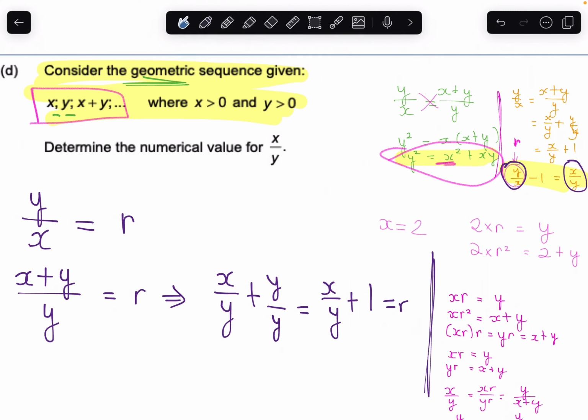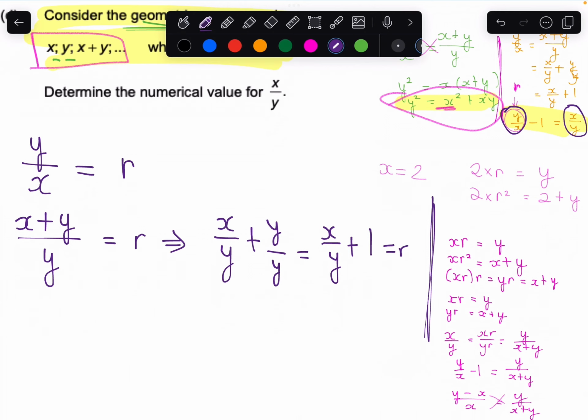But we also know that x over y is the same as 1 divided by y over x, right? So that means that it is the same as 1 divided by r, using this little fact over here. Or in other words, 1 over r.